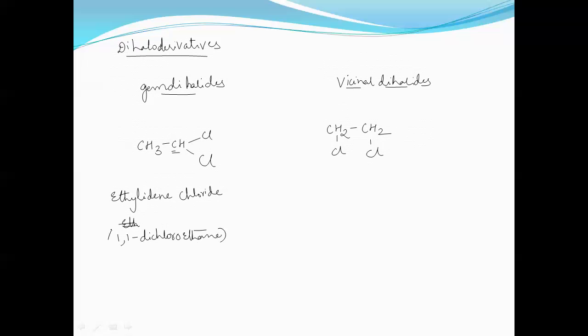And the common name for this is ethylene dichloride, and the IUPAC name for this is 1,2-dichloroethane.